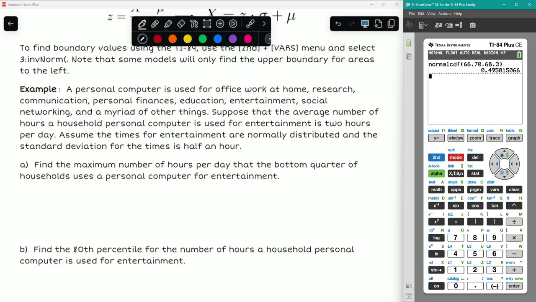So they've given me a random variable x, which is hours that your PC is used for entertainment.